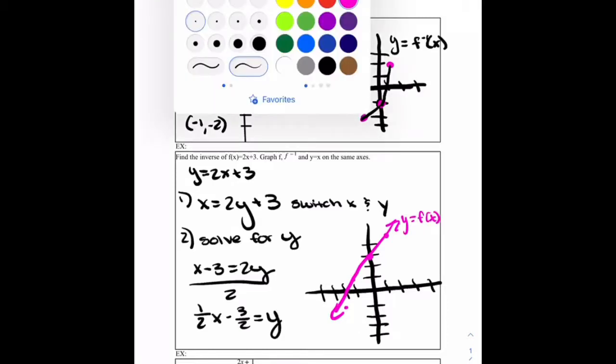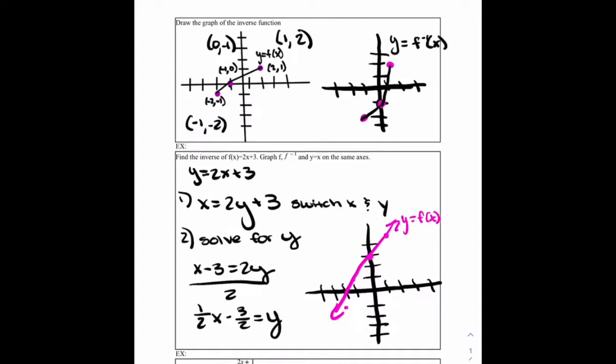Now let's do the inverse in blue. So we start at -1/2, and then we go up 1 over 2, and then up 1 over 2. And then we can just draw our line through there, just about like this.